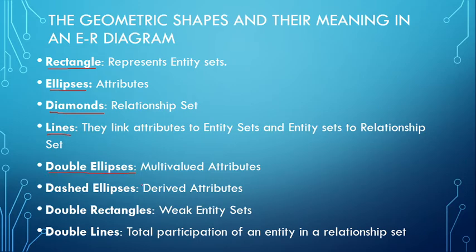Double ellipse shows multi-valued attributes. Dashed ellipse is used for derived attributes. Double rectangles tell that it is a weak entity set, and double lines tell the total participation of an entity in the relationship set.